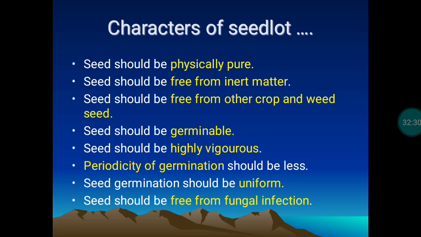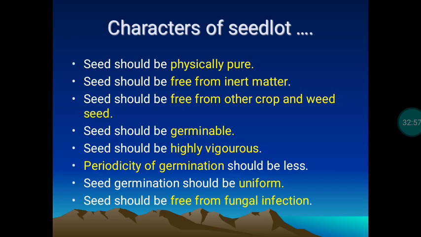Normal seedling means the seedling should have all the essential structures like primary leaf, proper stem, proper shoot and proper root, that is, a primary root and secondary root. Further, the seedling should show symptoms of further growth and development. That seedling alone is considered a normal seedling.